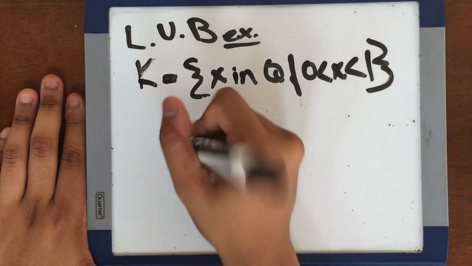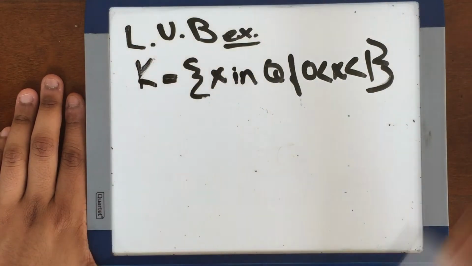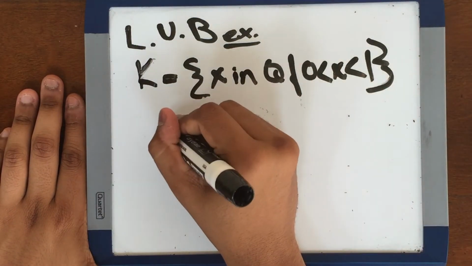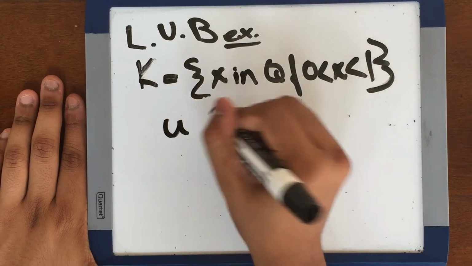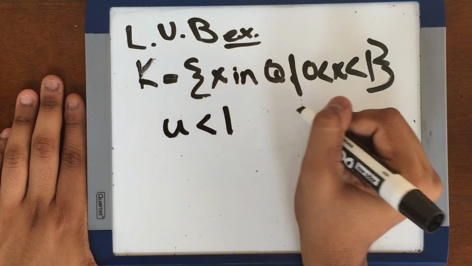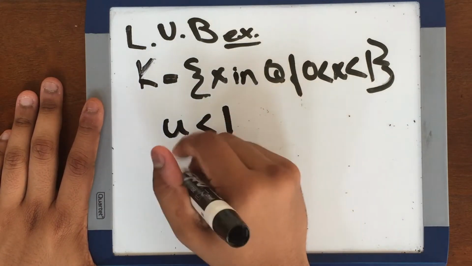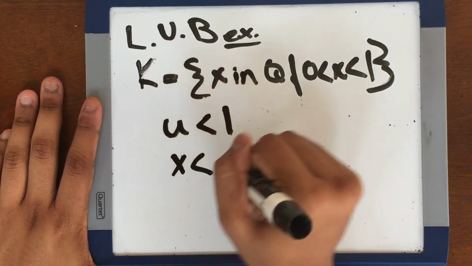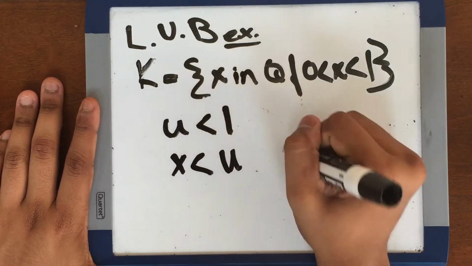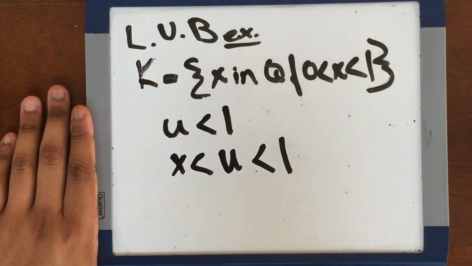If it is not the least upper bound of our set, then that means there is some other upper bound U that is less than 1.